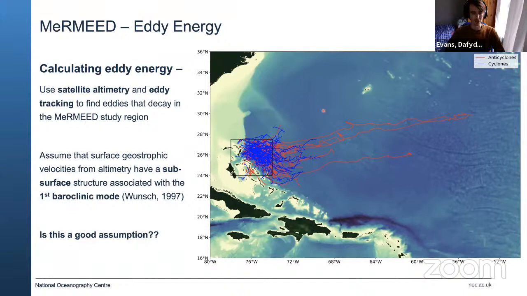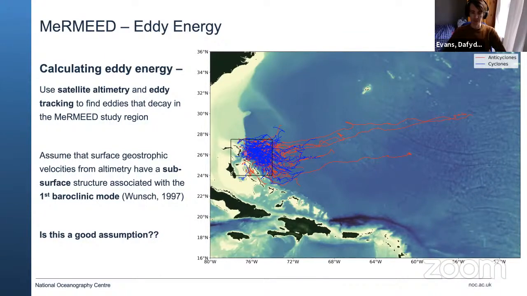We have at our disposal SLA data from CMEMS, and we also have the Chelton and others eddy tracking algorithm that allows us to track anticyclonic and cyclonic eddies, and see which eddies decay or die within our study region, represented by this black box, compared to those eddies that just transit through the study region.